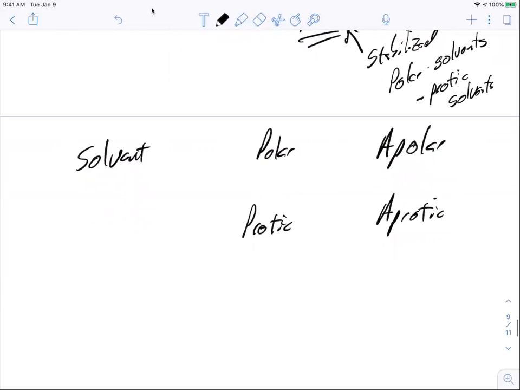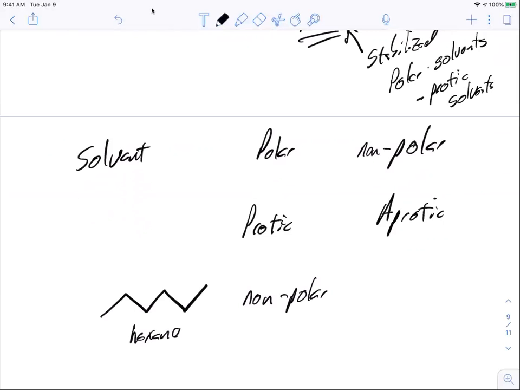If we look at something like hexane, that's our solvent, we use it. Is it polar? No, not polar. And it's not apolar, it's nonpolar, sorry. My kids are learning Latin, so I'm starting to put A in front of everything.